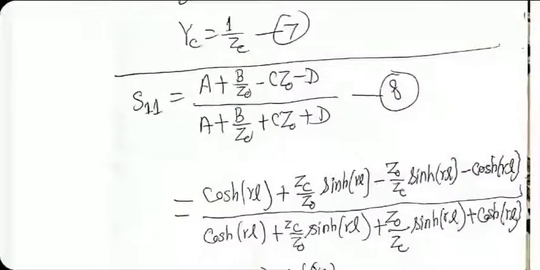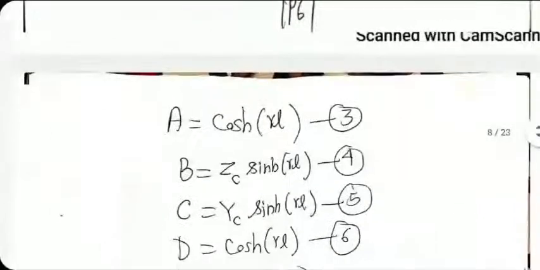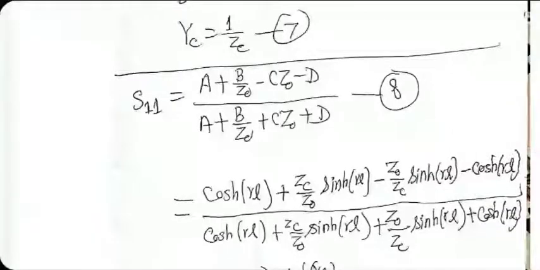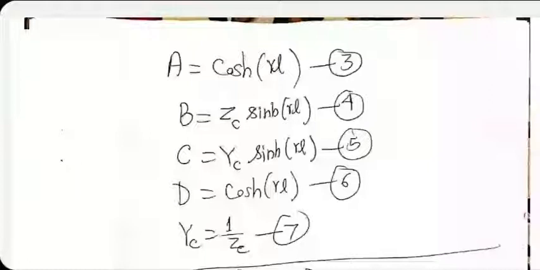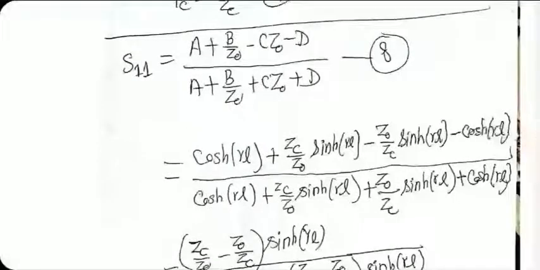A is no issue, it's cosh gamma L. B divided by Z0, B is now ZC sinh gamma L, so B divided by Z0 will become ZC divided by Z0 sinh gamma L. C Z0 will now become Z0 YC sinh gamma L, which means Z0 divided by ZC sinh gamma L. And D, of course, is cosh gamma L. And in the numerator, I was getting this. In the denominator, I'm getting the summation of the 4 things that I'm getting in the top.